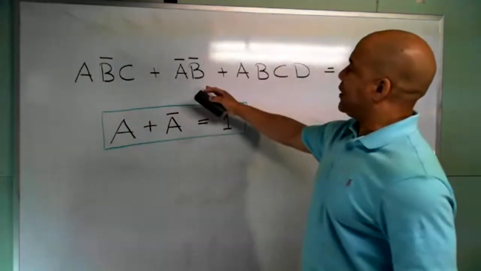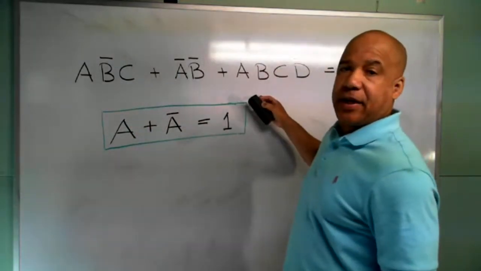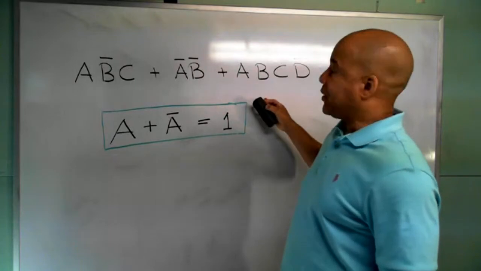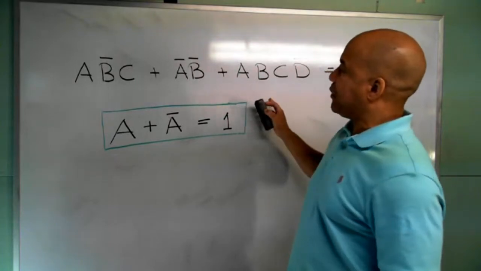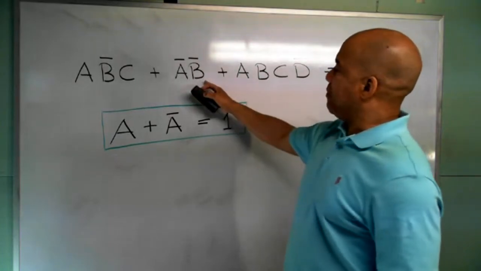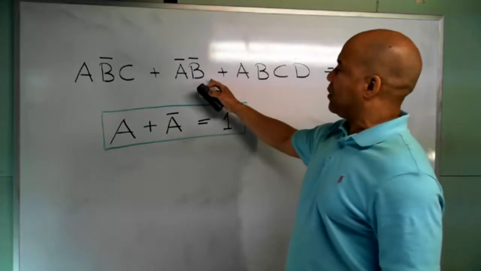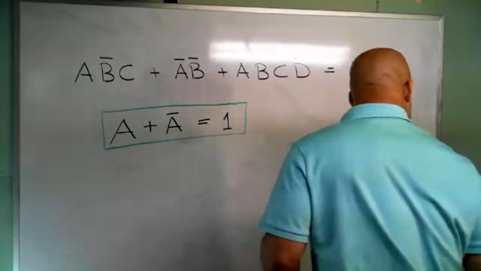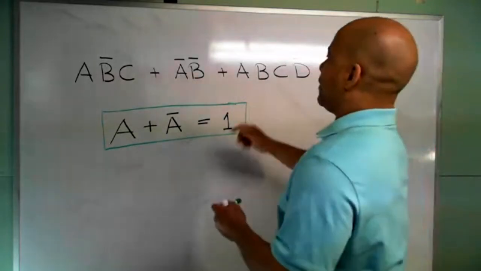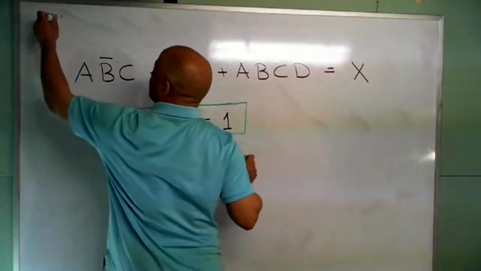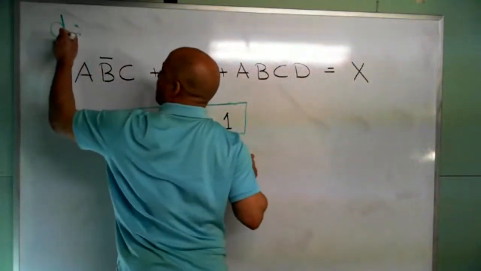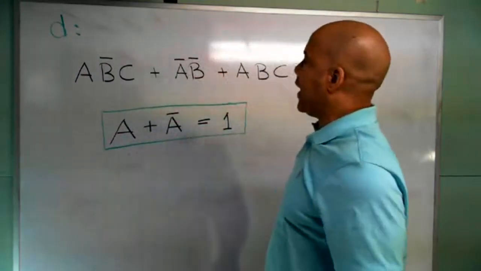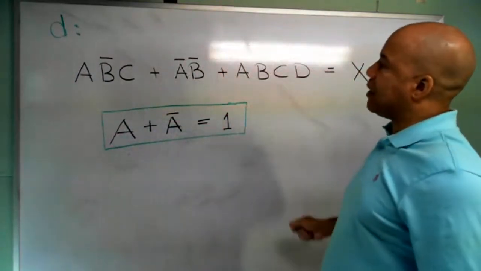I want to change this SOP from a non-standard SOP to a standard SOP. I can see this is a non-standard SOP because I'm missing letters from the domain in certain terms. So let's first list out the domain for this expression. I'll give you a second. You go ahead and list it on your paper if you're writing this down.